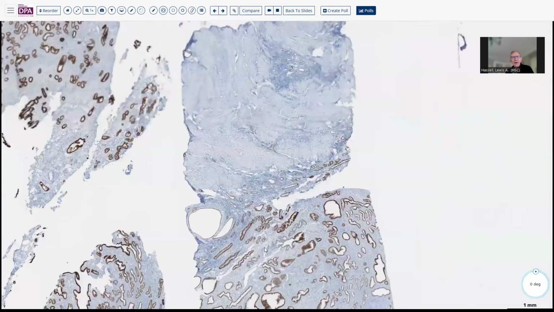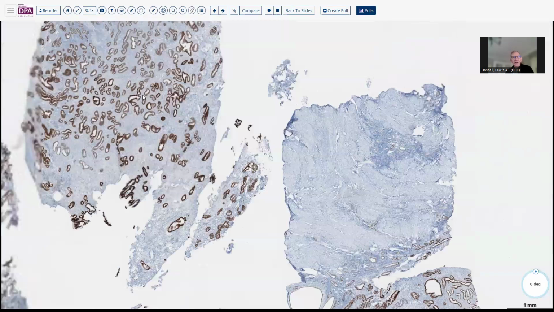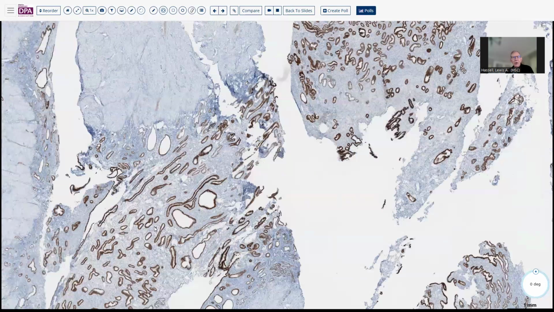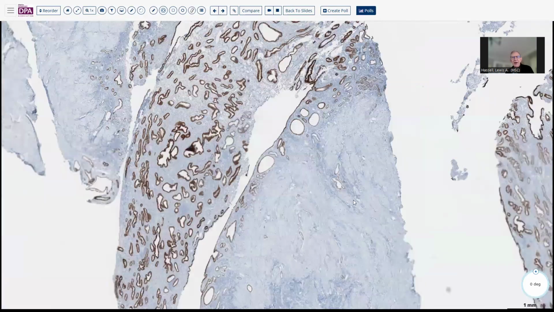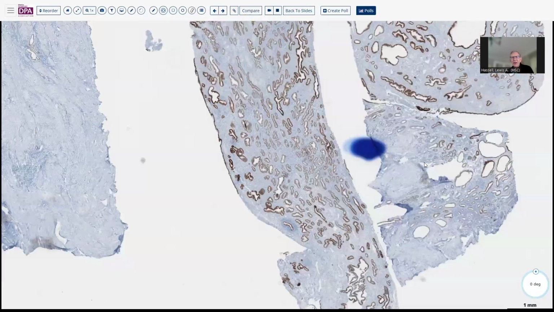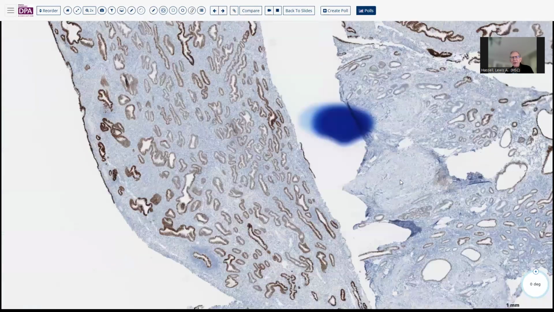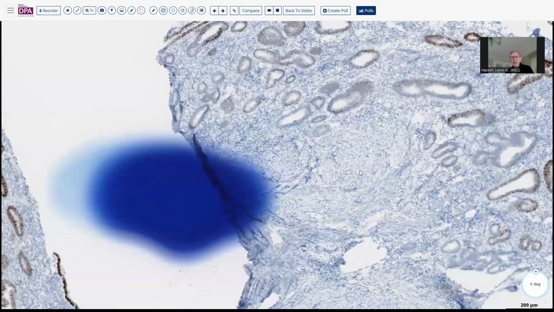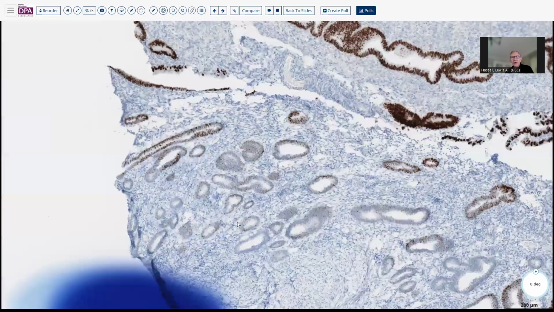Now notice here that it's almost all the glands, and that's an indication that sometimes the molecular changes are more widespread than are the immunohistochemical stains. Here's the area of concern. Well, no, I don't think this is it. A degree of loss here.